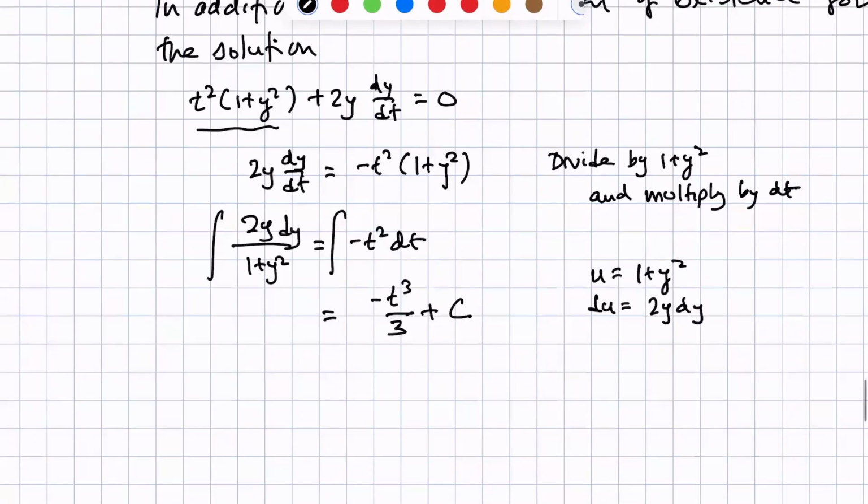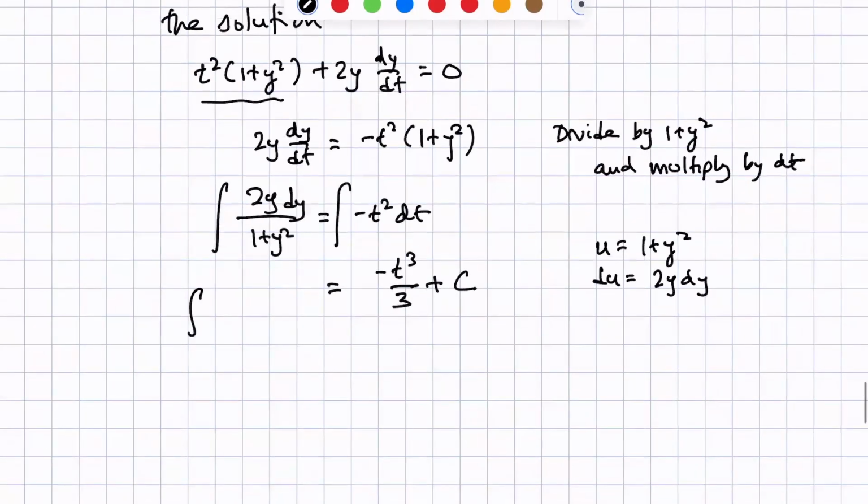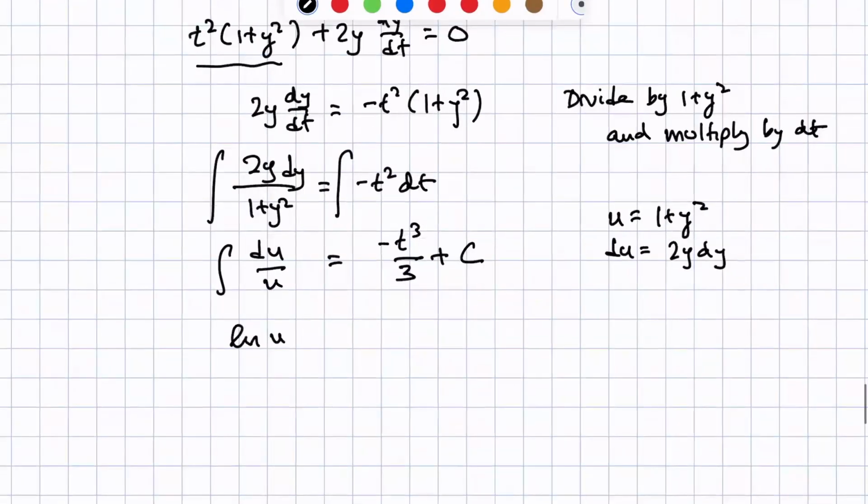I have a dy over here, so I have just simply du over u, and that integrates to log of u. And again, let's not worry about the absolute values. You'll see that we're not going to need them anyway, because if I plug in for u, I get log of 1 plus y squared, which is always positive, so I don't need absolute values around it.